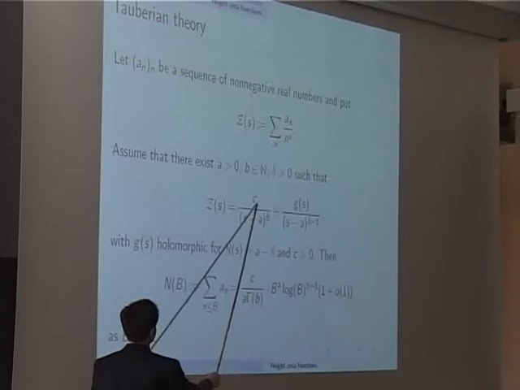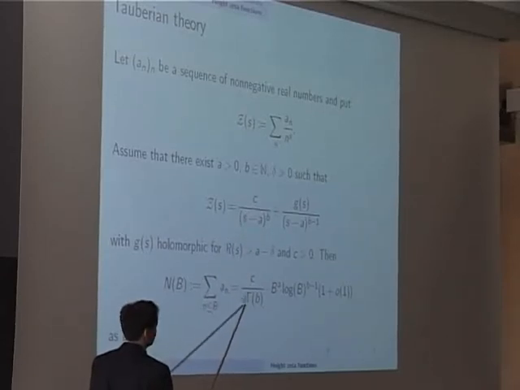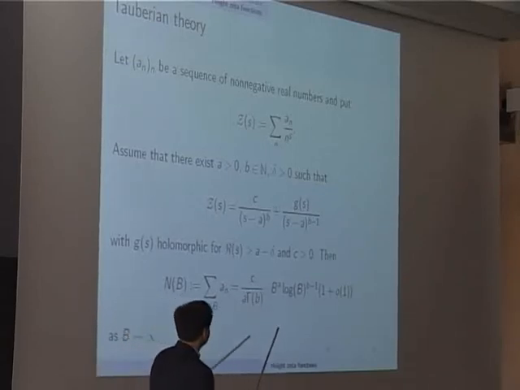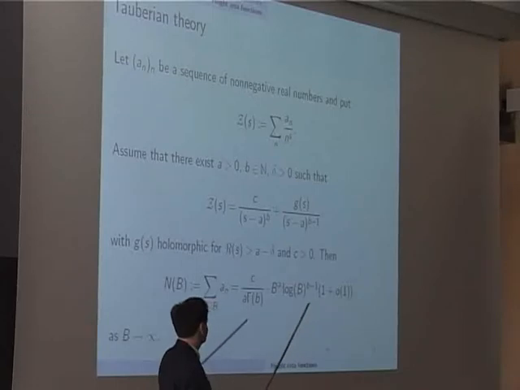The relation between this and that is that a is the location of the pole, which is bigger than 0, and gamma of b. All right? So that's a picture.